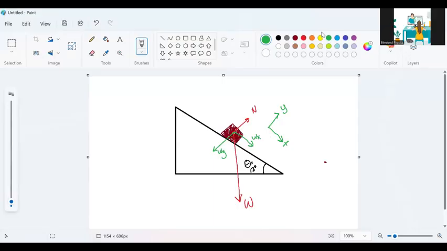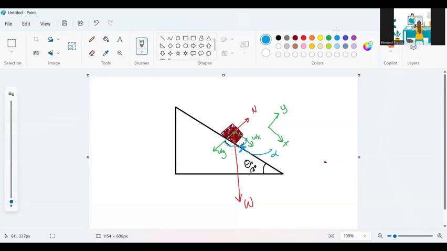And so we can see here that we can establish two angles. We have two different angles. And let's mark the value of each angle. First, the angle from the weight to the X component, this angle right here, we're going to call that alpha.